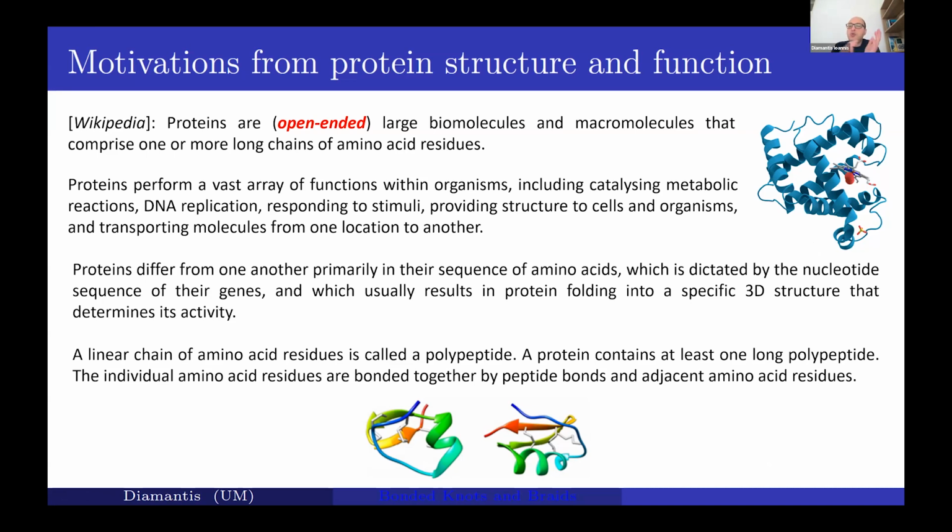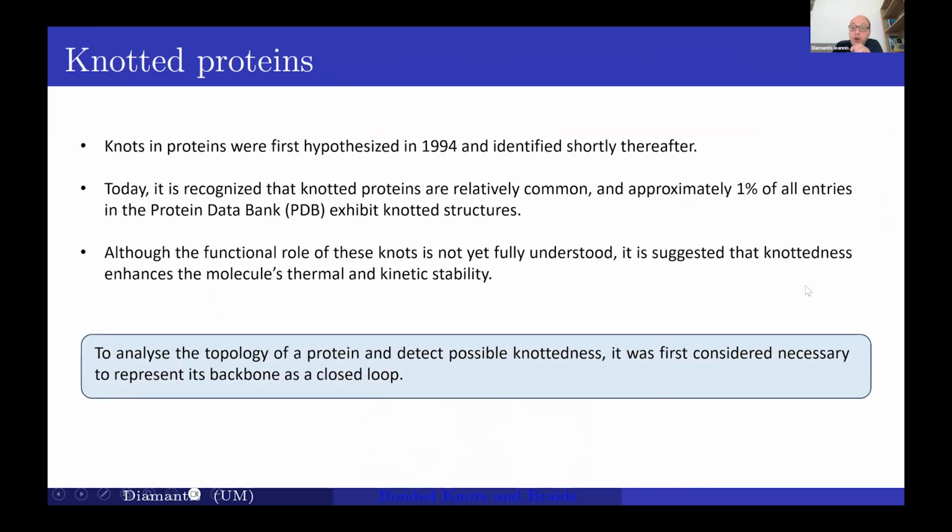And what is extremely important is that back in the 90s, it was conjectured, and later confirmed, that some proteins actually exhibit knotted topologies. In fact, about 1% of all known proteins in the protein data bank are now known to contain non-trivial knots.